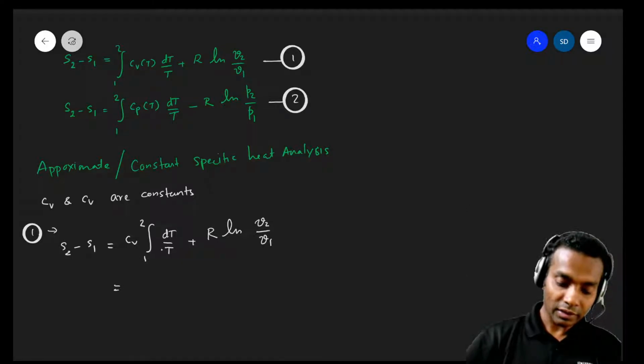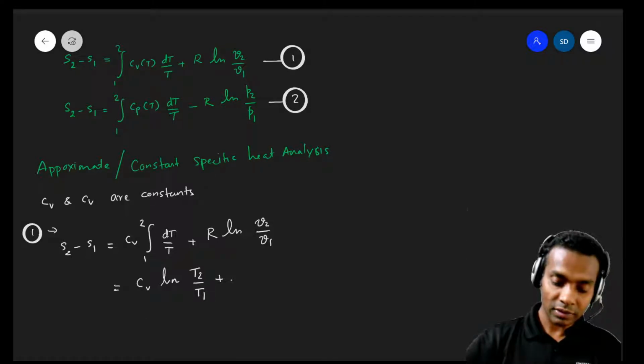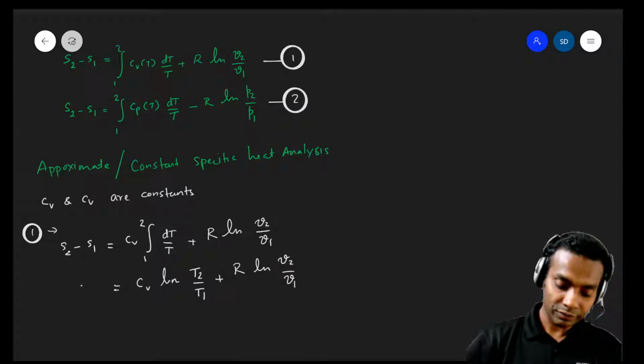This can be written as Cv natural log of T2 over T1 plus R natural log of V2 over V1, equal to S2 minus S1.